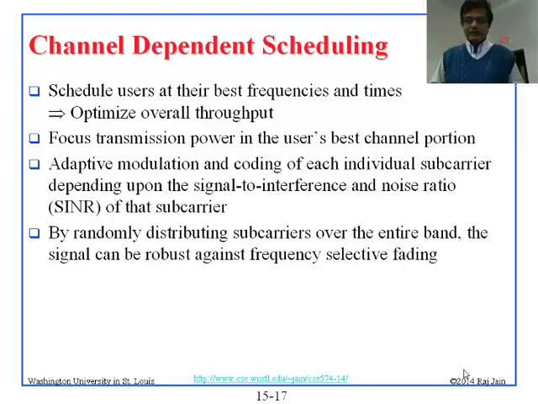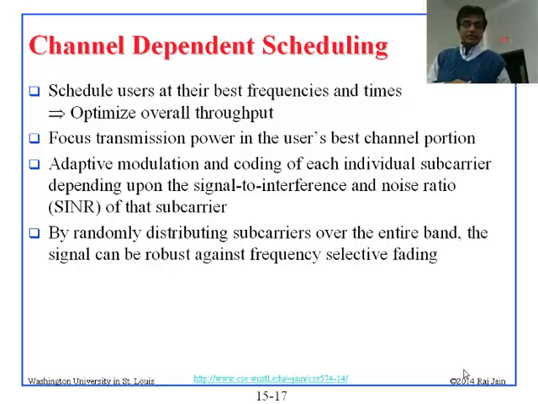Focus transmission power in the user's best channel portion. The channel is so wide, but we cannot give the whole thing to one user, so we give each user a piece, but the piece which is best for them. Adaptive modulation and coding of each individual subcarrier: we give them the highest modulation that they can support for that signal to noise ratio.